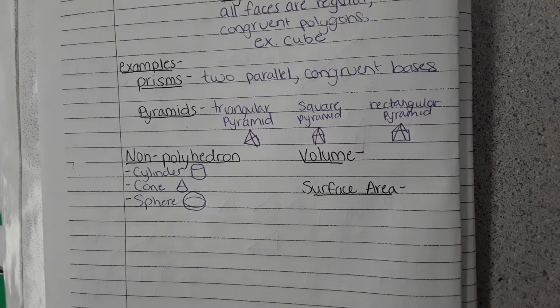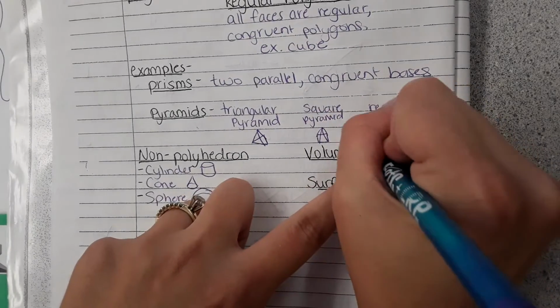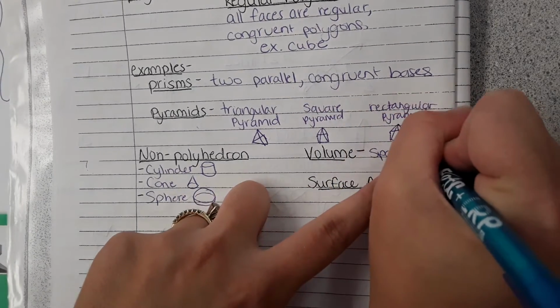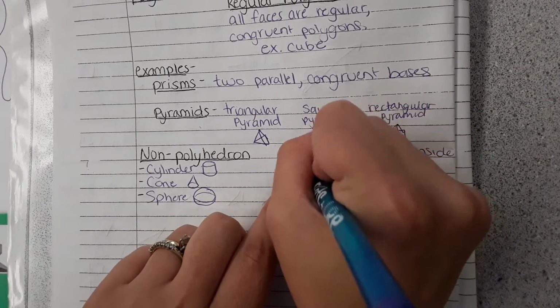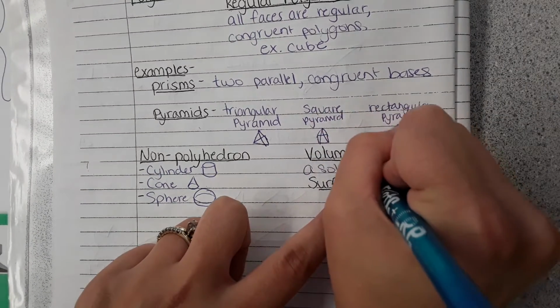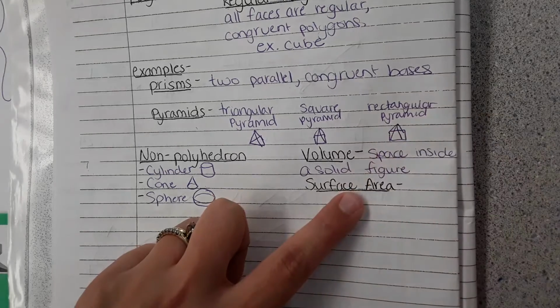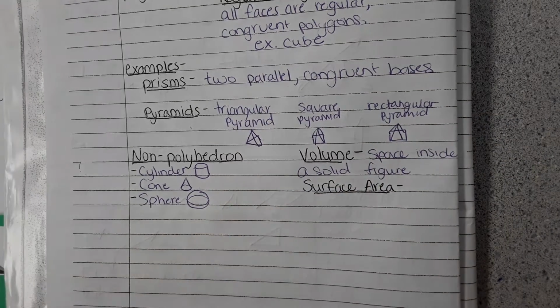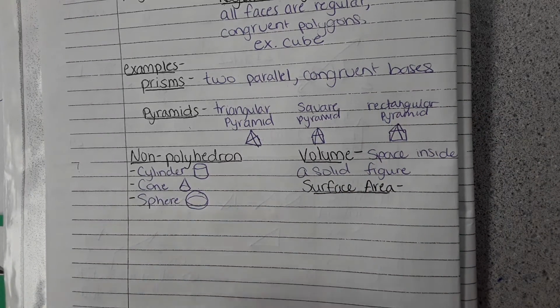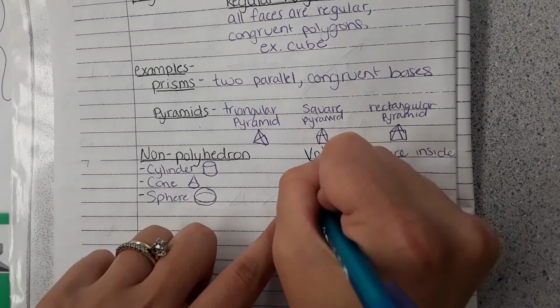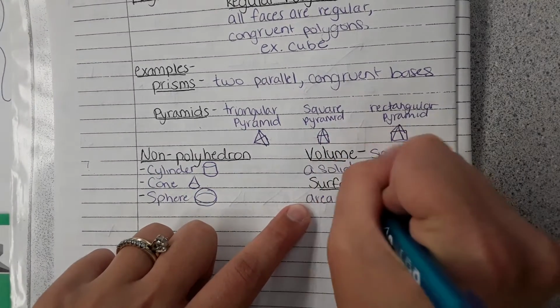Volume is the space inside a solid figure. And then surface area is the area of the surfaces of a solid figure.